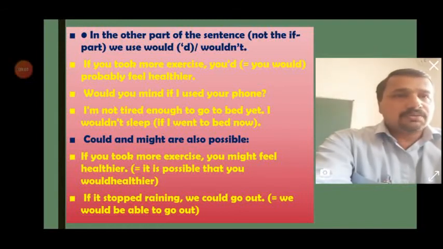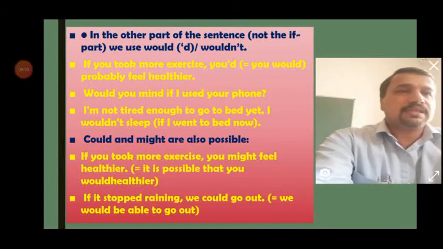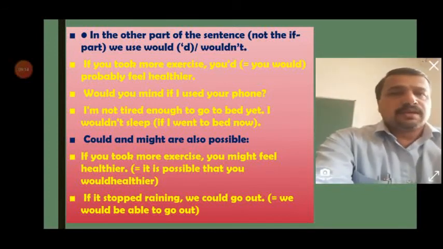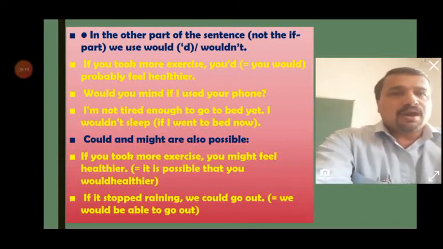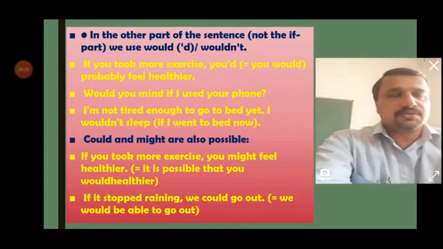We could go out shows the possibility, and we might also shows the same possibility, but it is used with a somewhat feeble possibility. That's what the difference is.